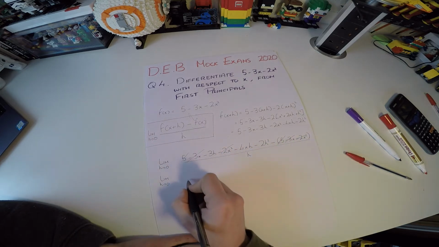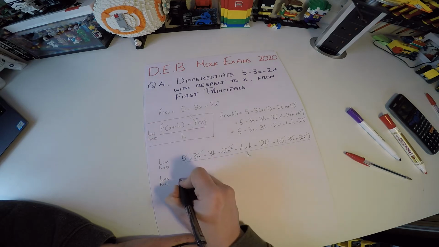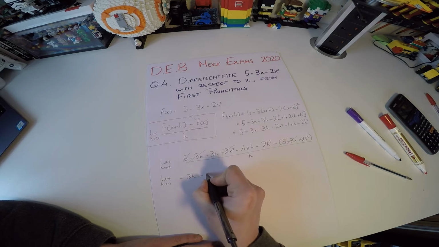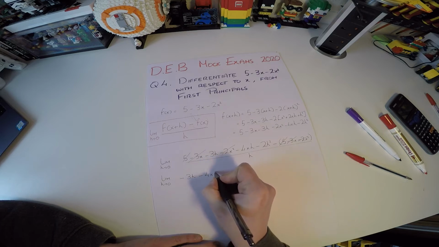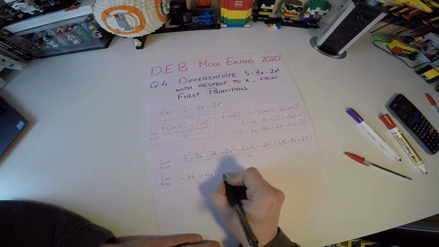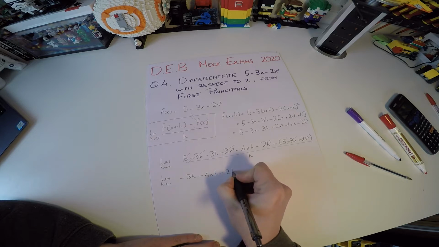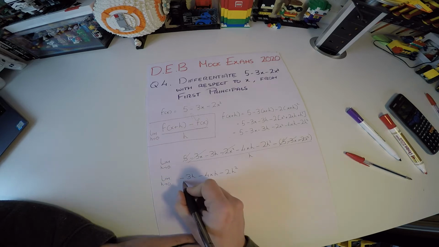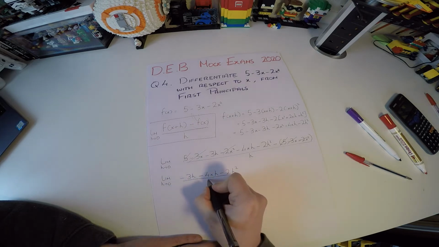So what am I actually left with? Up on top I'm left with minus 3h, a minus 4xh, and a minus 2h squared, and that's all over h.